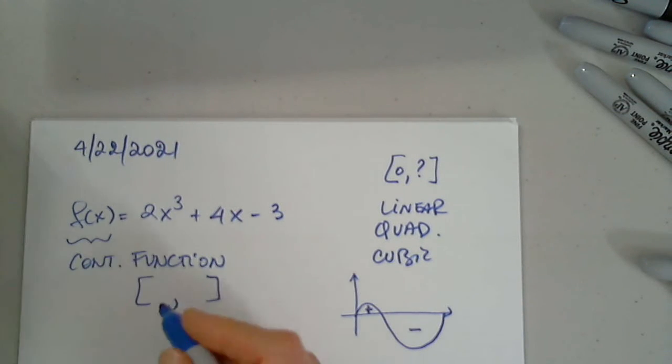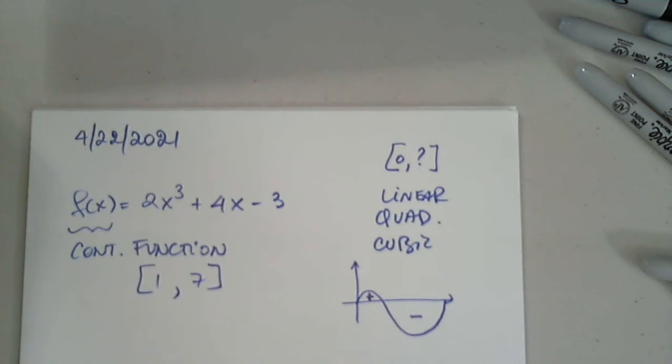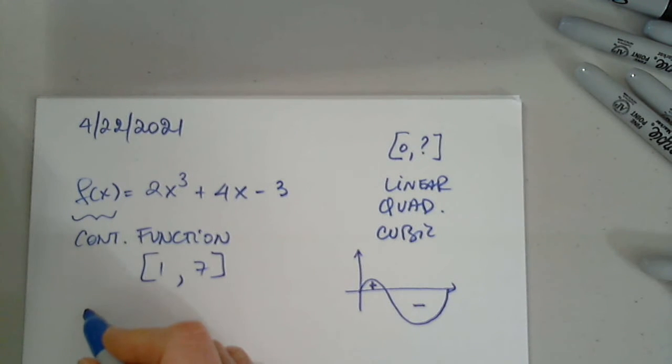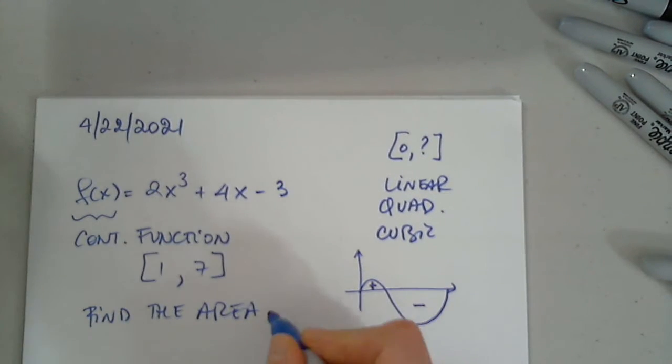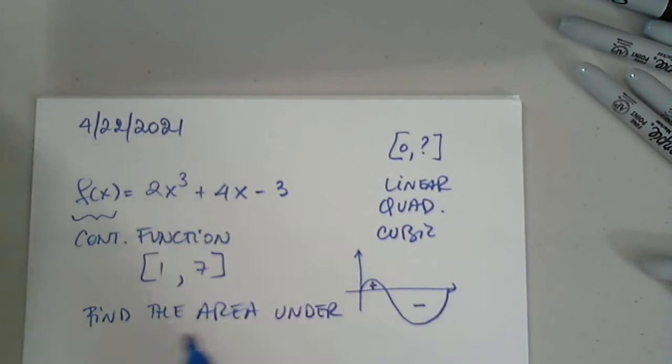Maybe like 1 to 7? 1 to 7 is perfect. Very good. So we are asked to find the area under f of x between 1 and 7.